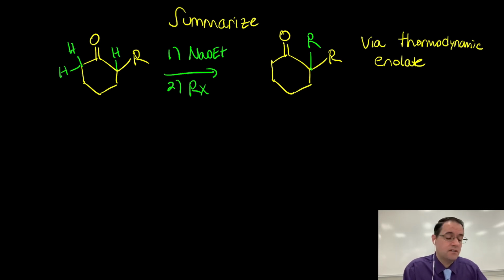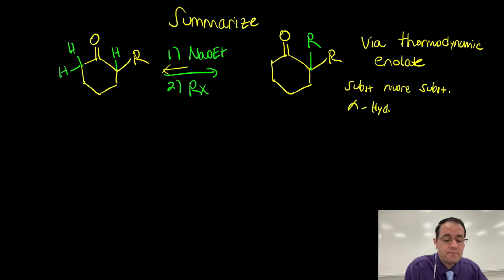If you take an unsymmetrical ketone or aldehyde and treat it with sodium ethoxide in ethanol, which causes it to be in equilibrium, then when you add the alkyl halide, you get substitution at the more substituted alpha carbon.